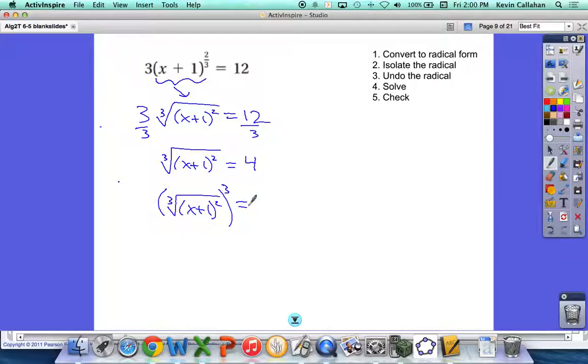And if you do it to one side, you got to do it to the other side. Oops, and I didn't do it to the other side. Right, so what do we get when we cube a cubed root? They cancel each other out. (x plus 1) squared equals 4 to the third, 64.